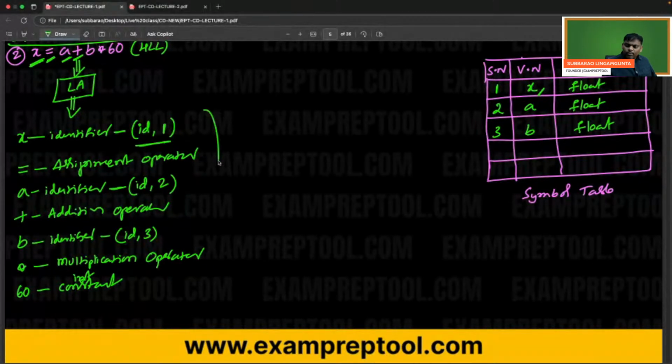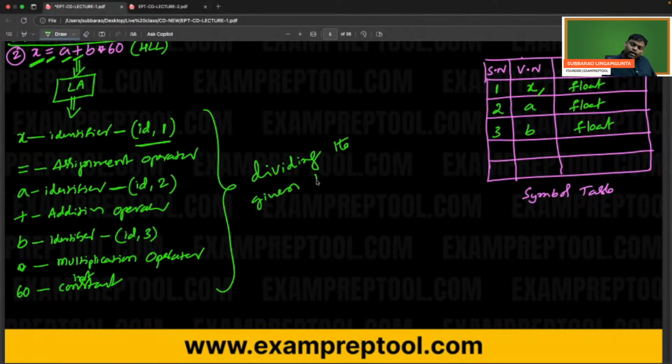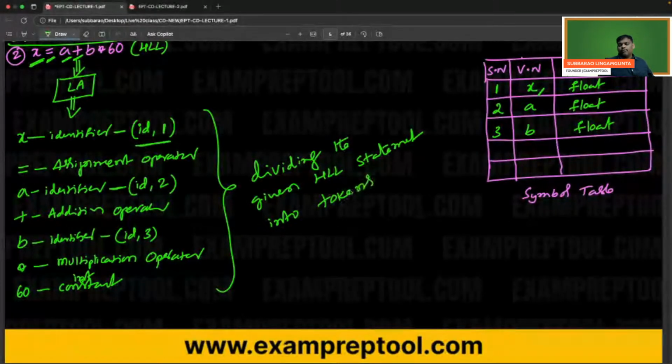The lexical analyzer's purpose is dividing the given high-level language statement into tokens. For some tokens, a token number will be given.